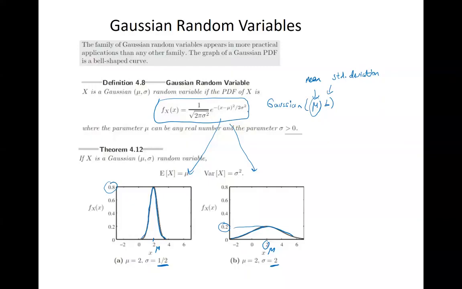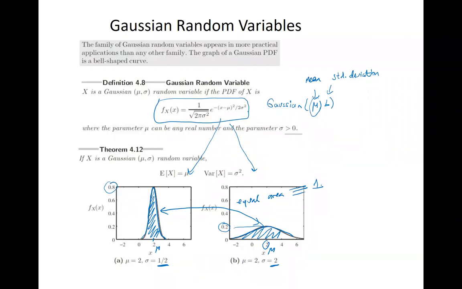This is always like that because the area of this and this should be equal. Okay, equal area, and it is 1 based on the axioms of probability.